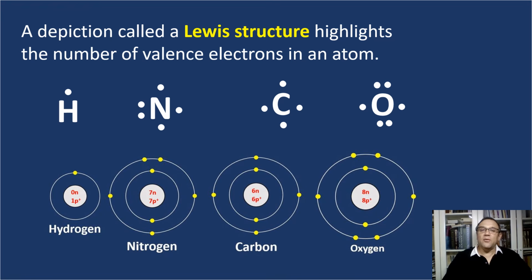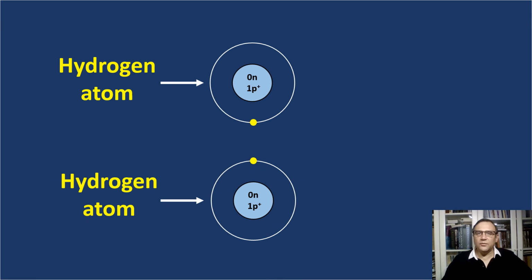So, the number of valence electrons determines how many bonds an atom can form. For example, hydrogen can form 1 bond, nitrogen can form 3 bonds, carbon can form 4 bonds, oxygen can form 2 bonds.